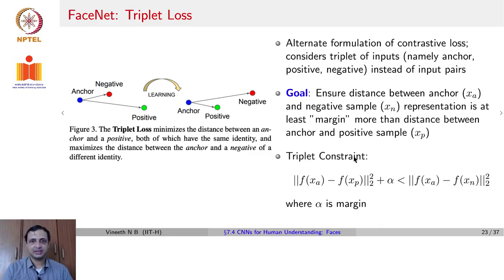We have a triplet constraint that states ||f(xa) − f(xp)||² + α must be less than ||f(xa) − f(xn)||². We are saying that the distance of the anchor to the negative sample must be at least a certain margin, where α is a positive quantity, more than the distance of the anchor to xp, the positive sample.